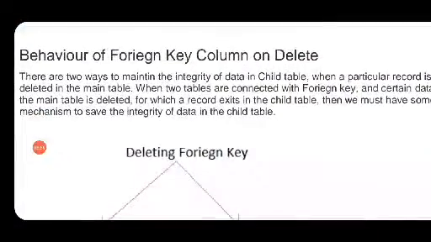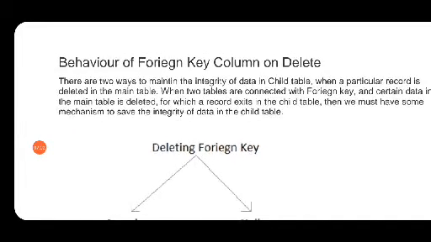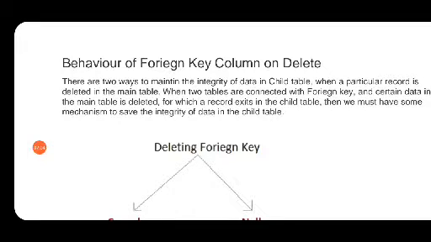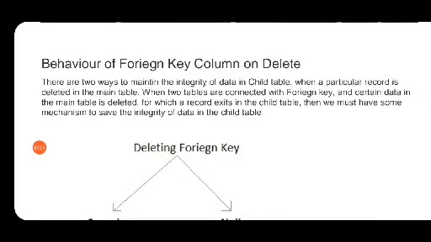So let us understand the behavior of foreign key column on delete. If you want to delete, then what happens? So there are two ways to maintain the integrity of data in the child table. Child table means the secondary one.